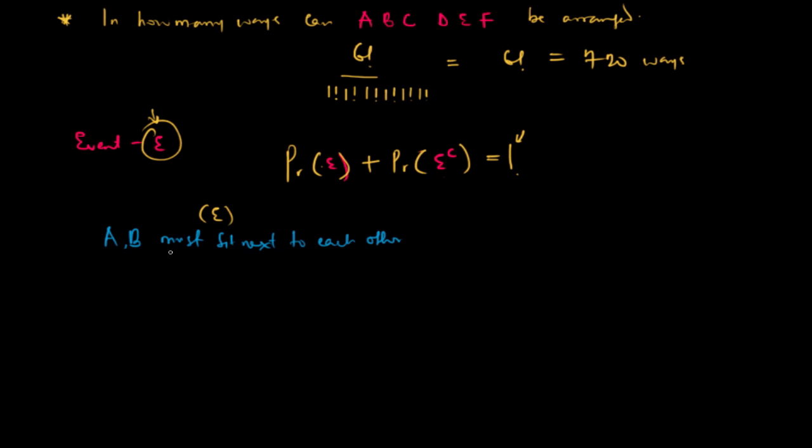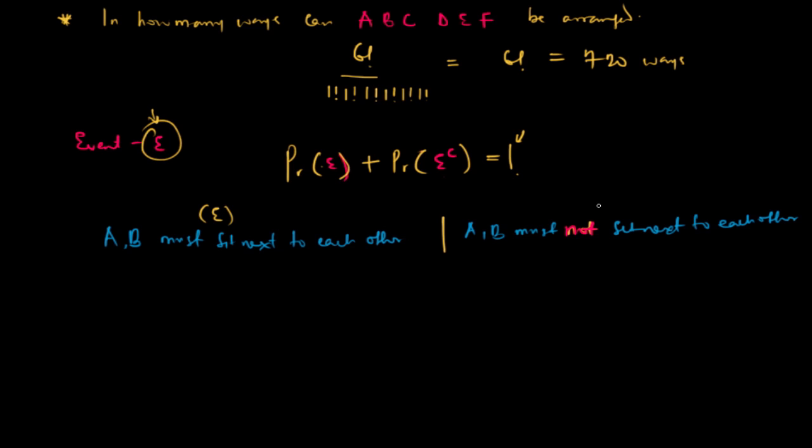Then the complement of this, that is, if AB must sit next to each other, you can guess the complement of this is just going to be what? It's just going to be AB must not sit next to each other.